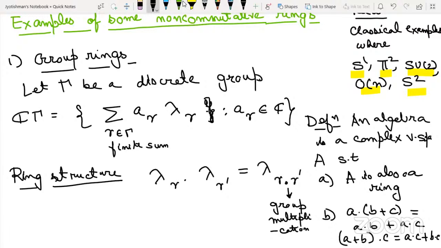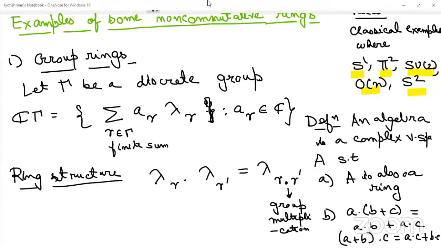This particular notation comes from the fact that these lambda_gammas can be seen as linear maps from square integrable functions on Gamma to itself. If I find time, I will come to it. Addition is just component-wise.